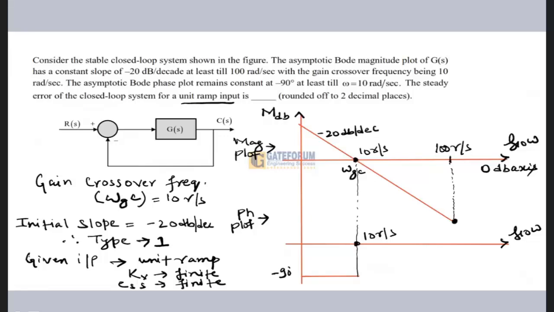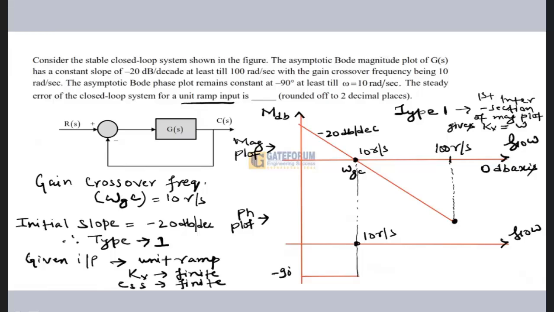So here I know that this particular part is your Kv, because if the system is type 1, then the first intersection of the magnitude plot gives Kv is equal to omega.